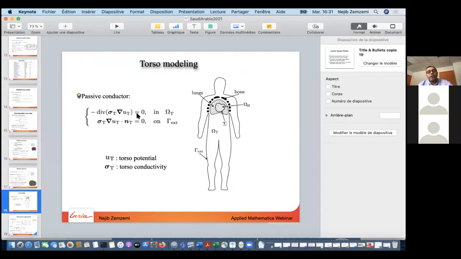This is the equation of the electrical wave in the torso domain, where u_T is the torso potential and sigma_T is the conductivity of the torso. So now we model it from, let's say, the ion channel scale to the body surface scale.